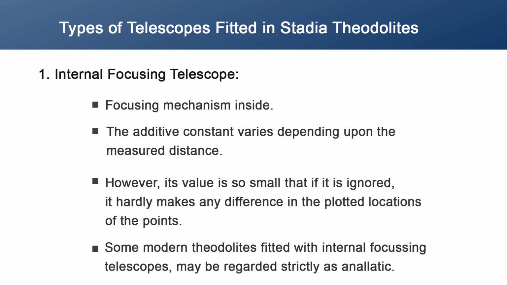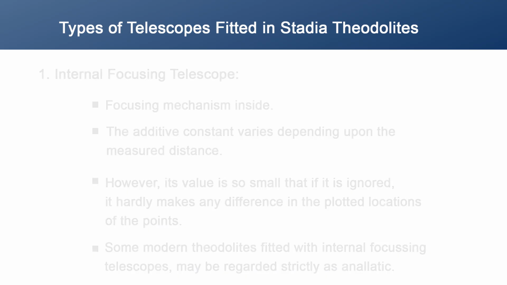This has a focusing mechanism inside. While the distance you measure slightly changes the additive constant, it is usually such a tiny difference that you don't need to worry about it. And some modern theodolites fitted with an internal focusing telescope are considered analytic also.